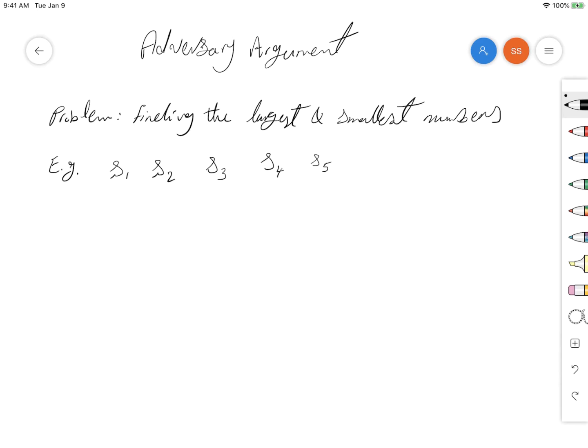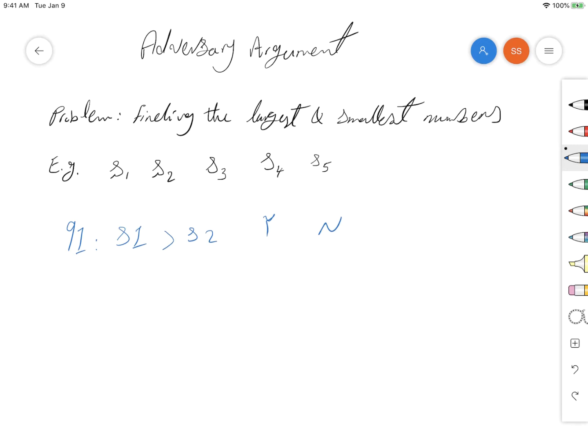Every time that we are receiving some answers, let's say that we ask question 1: is S1 greater than S2 or not? And the answer will be either yes or no. So one of the answers will be, but not both of them.